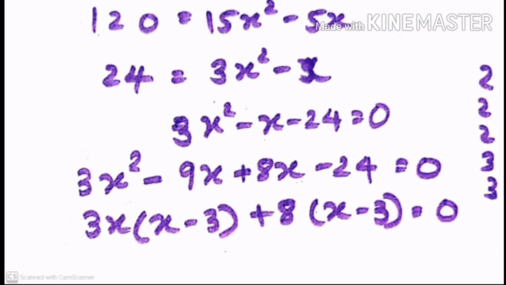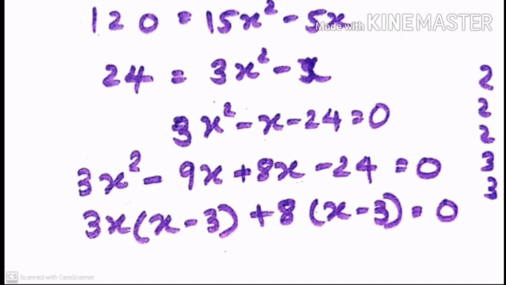Now you remember, this is the kind of factorization, students, 3x square minus x minus 24, in which we take 3, the coefficient of x square, and 24's factors to get our middle term. So you can see on the side I have already found the factors 2, 2, 2, 3, 3. They are the factors of 24 and 3.